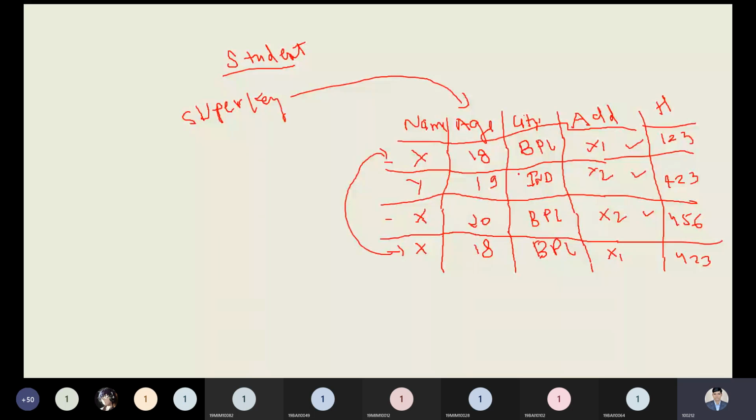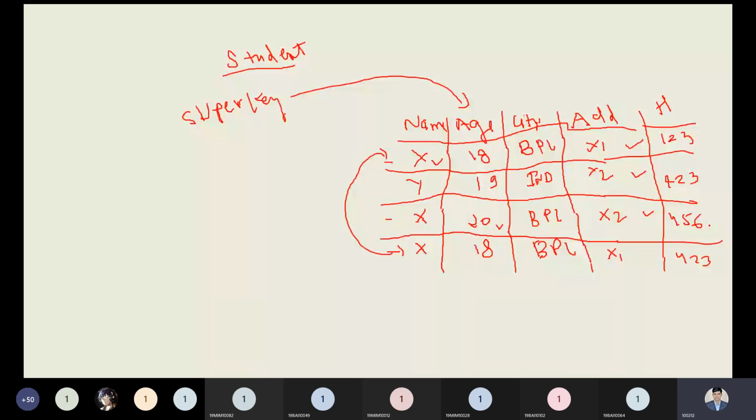Before that, applying the primary key, one key or a single attribute, or more than one attribute, contains some values by which we can distinguish the record. Through the key you can identify the student who has age 18 and hostel number 123, and you will get the student name x. And here we have age 20 and student hostel number 456.